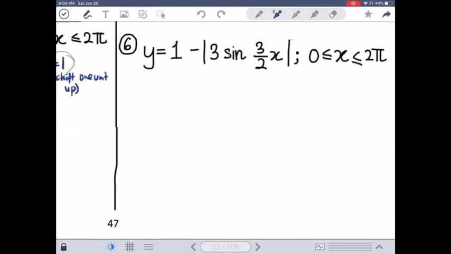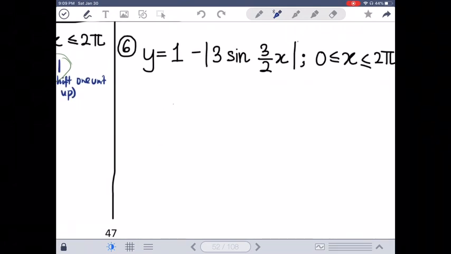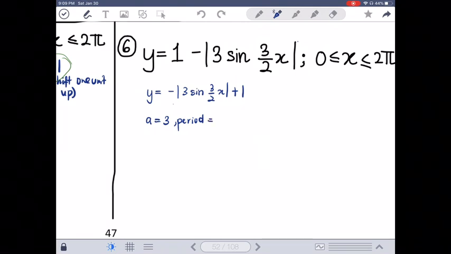Now let's move to the last example. For this last example, the first thing you need to do is rearrange the equation. So it becomes y equals negative modulus 3 sine 3 over 2 x plus 1. And we can see that our amplitude A is equal to 3 and our period is equal to 2 pi divided by n.